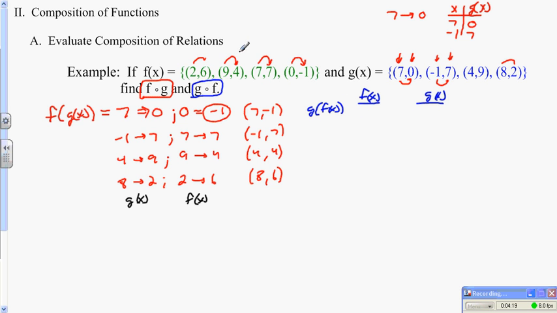So starting with the f function, a 2 becomes a 6, and a 6, there's nothing there. So a 6 gives you nothing in the g of x function. Therefore, for that point, it's undefined.